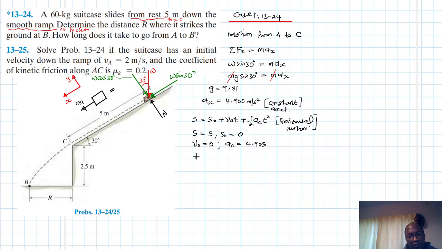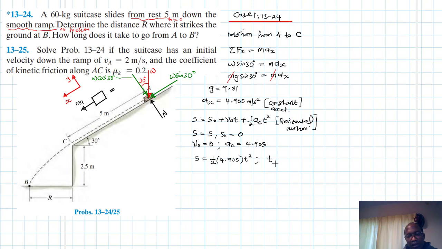So this becomes 5 is equal to half of 4.905 times t squared.